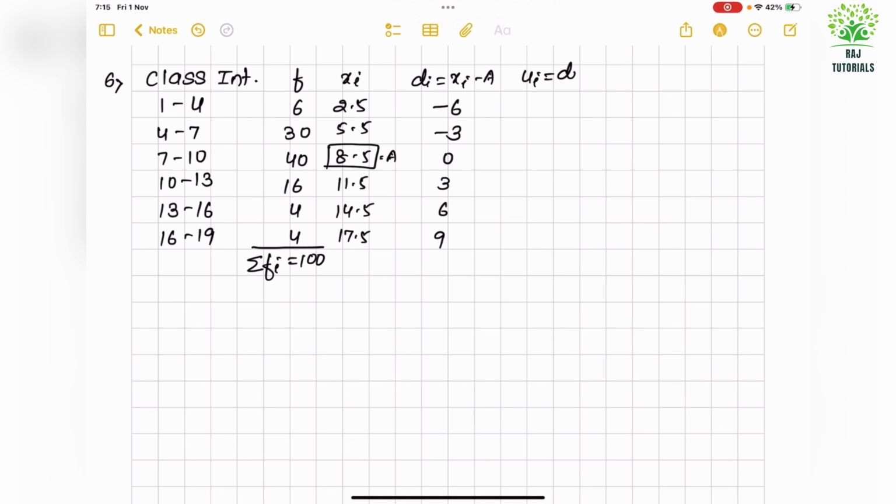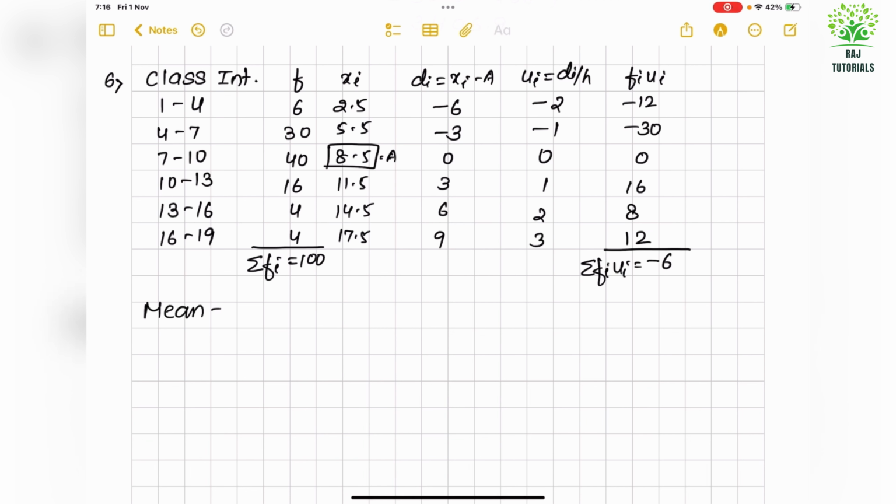So ui will be equal to di by h. So minus 6 by 3, so it will be minus 2, minus 1, 0, 1, 2 and 3. So fi ui will be 6 into 2, minus 12, minus 30, 0, 16, 8 and 12. So sigma fi ui is coming as minus 6.